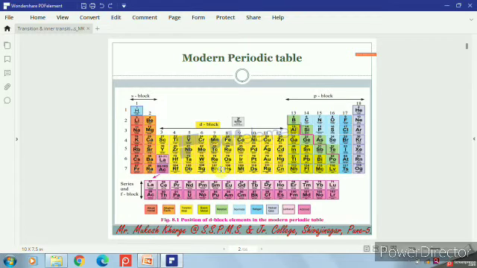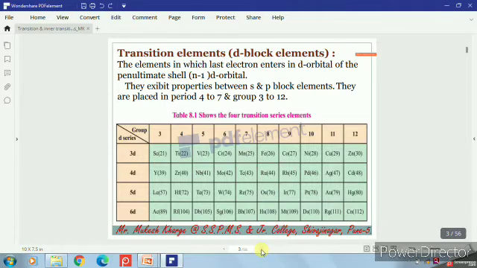So the electronic configuration of these transition elements becomes (n-1) d1 to 10 ns1 to 2. Here are the elements and these are the 4 series.